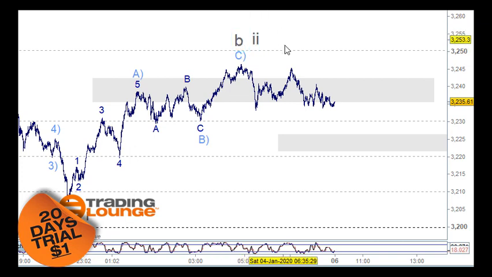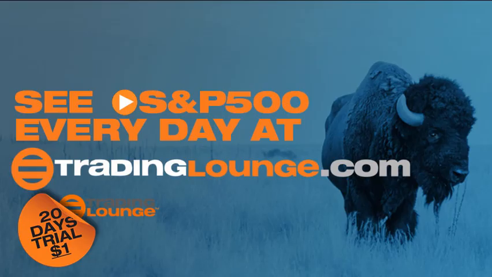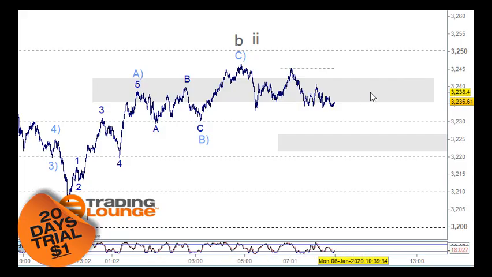And as I mentioned, we can go long above this high here because at this stage it can count the way that I've counted it. But if we get a move up through here, then obviously it's going to be a different count. But to this point here and to the box here, the 61.8%, that's an ABC correction.